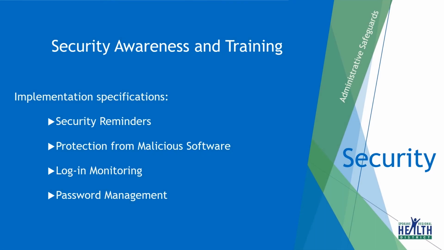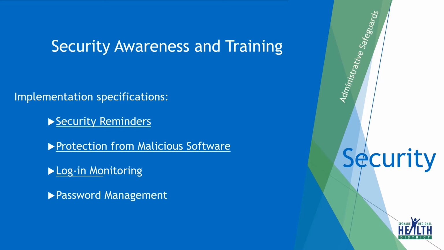The Security Awareness and Training Standard focuses on 4 implementation specifications: security reminders, which are periodic security updates, such as the Cybersecurity Awareness Campaign; protection from malicious software, which is addressed in the SRHD antivirus protection policy to ensure that antivirus software is installed and threats are reported immediately.